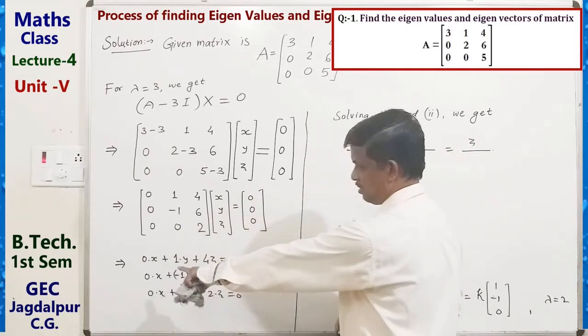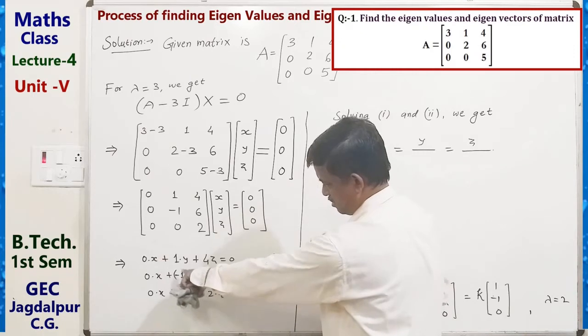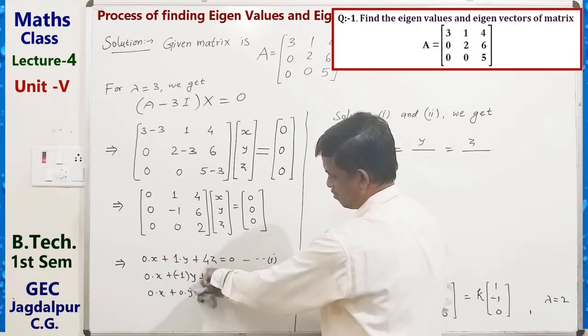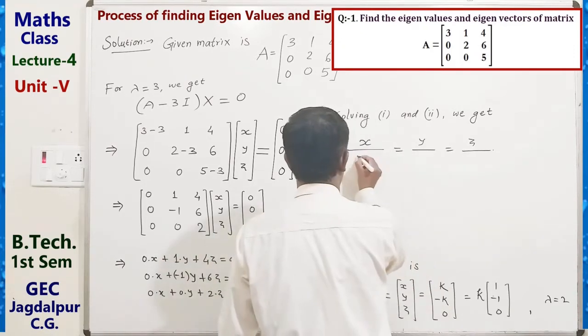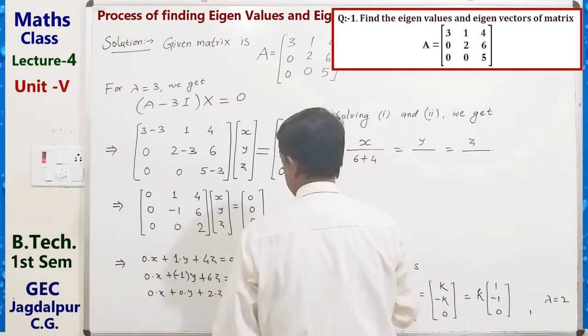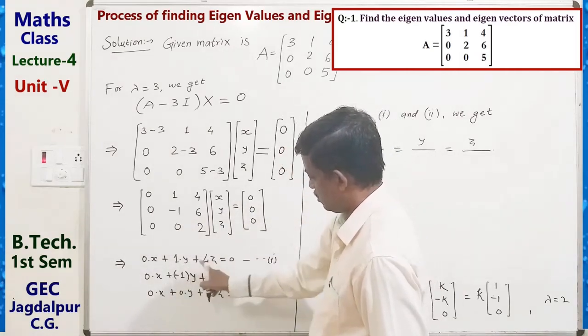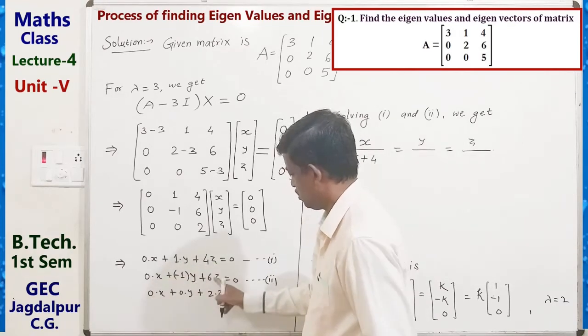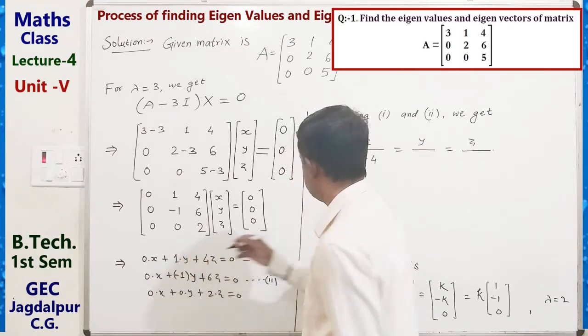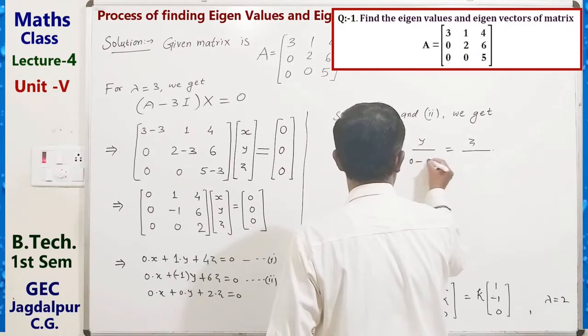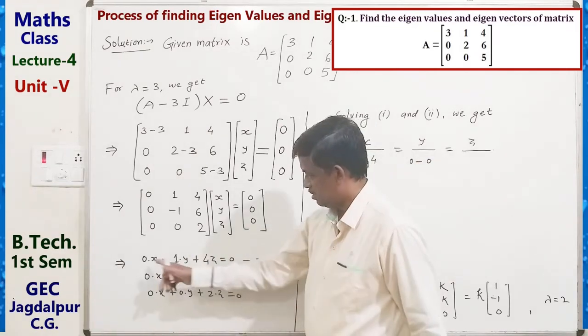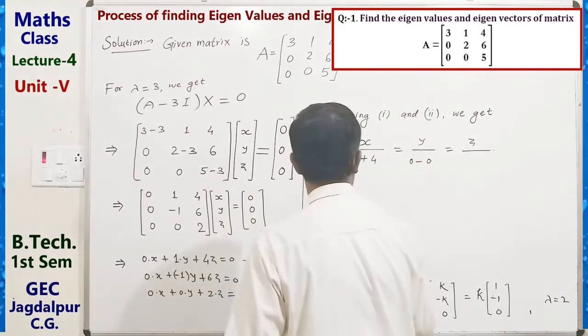What will be the value? x: 6 plus 4. Now y: 0 minus 0. z: 0 minus 0.